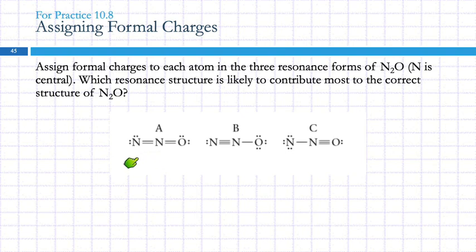Well, if we look at this one, and again, thinking about nitrogen and oxygen and nitrogen and the number of valence electrons and the number of unpaired electrons that we get.